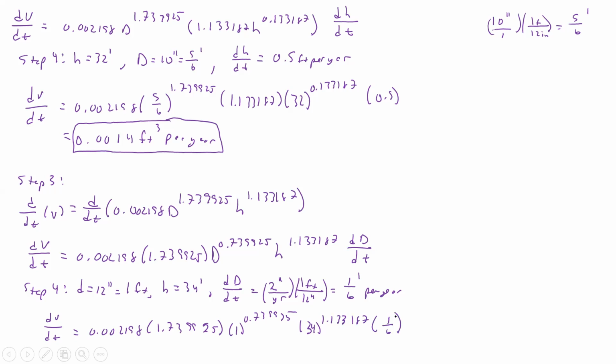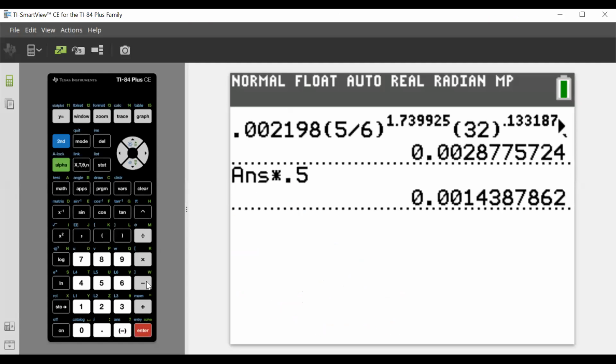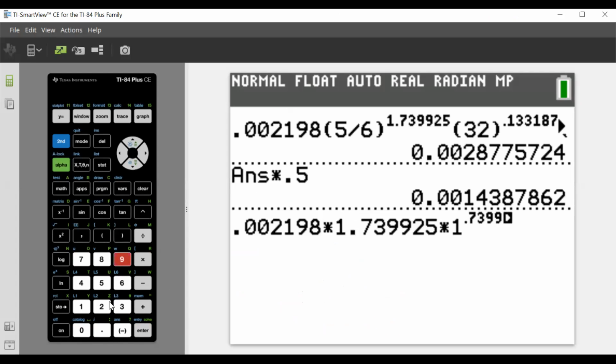So if we plug all that in, again doing like we did last time, we have 0.002198 times 1.739925, and then times 1 to the 0.739925, arrow down, and we know what that is, but we went ahead and put it in there.